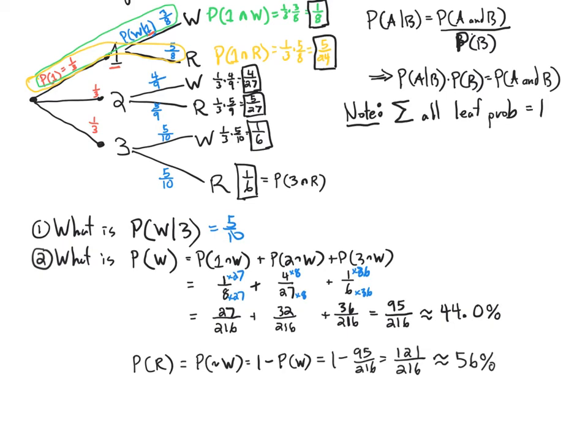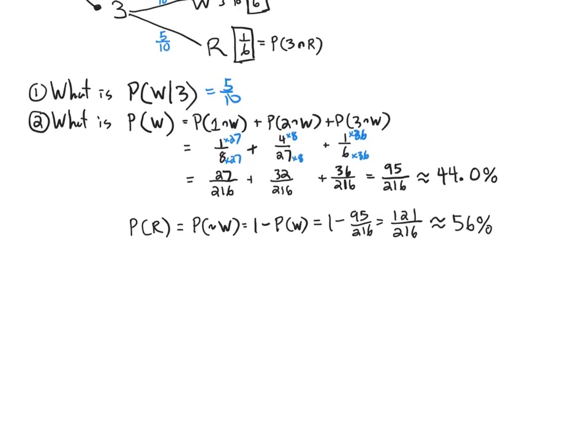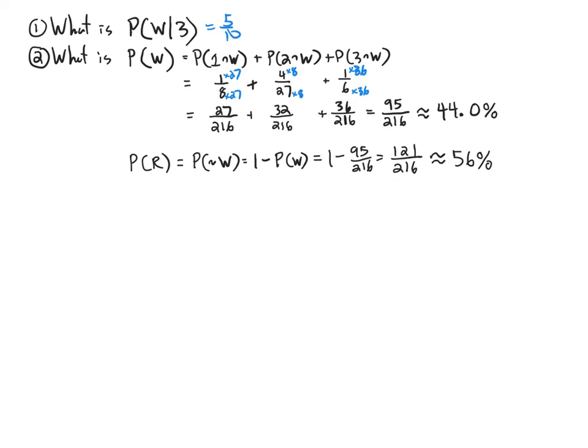Let's do one more quick example here. Let's do the probability of, let's say, picking a 1 or picking a red marble.